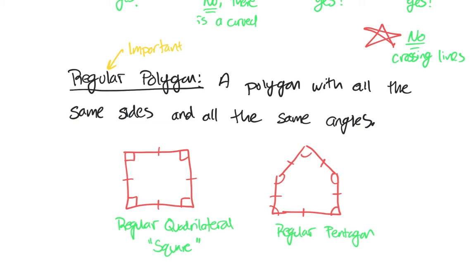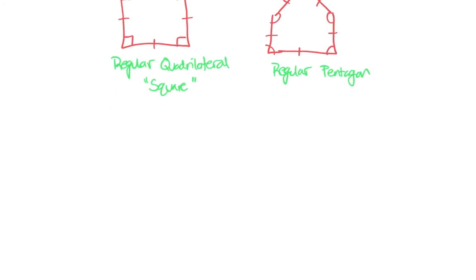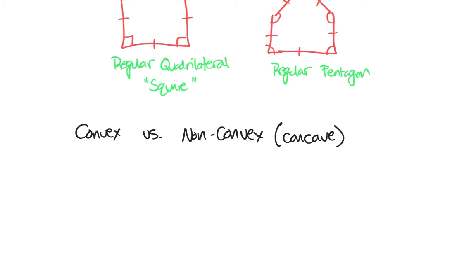A couple more vocab words that I just want to get across before we move forward. There's just a little bit left to write down. And it's the word convex versus non-convex polygons. And non-convex we also will call concave. This is another characteristic that we can attribute to polygons.